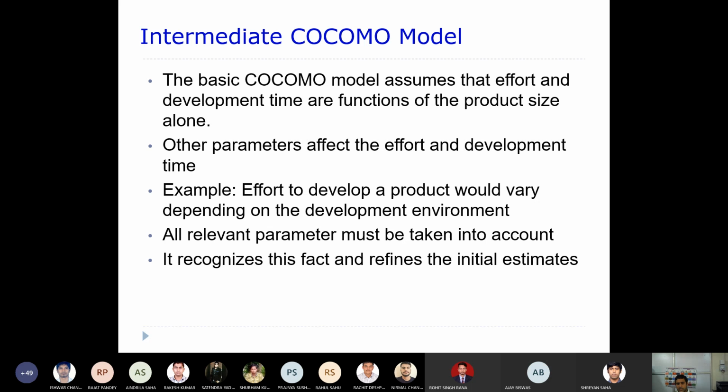So let's understand it like this. If I ask you to develop a small software, and I give you a notepad, so through notepad you need to write your program.